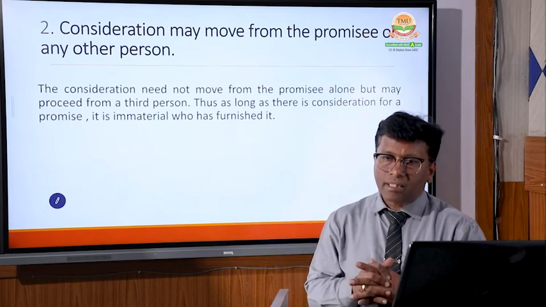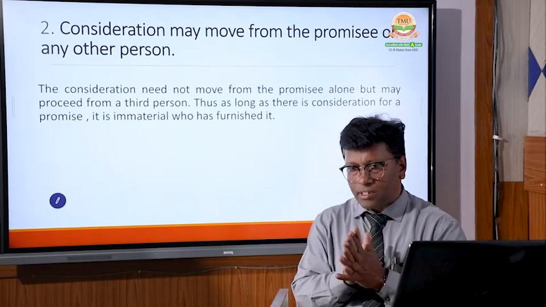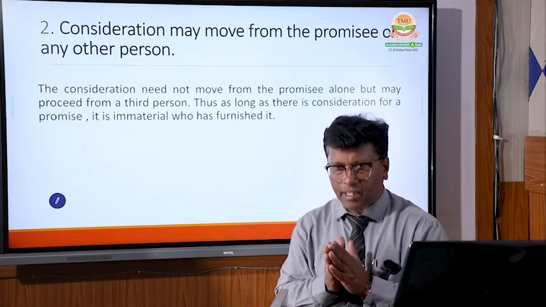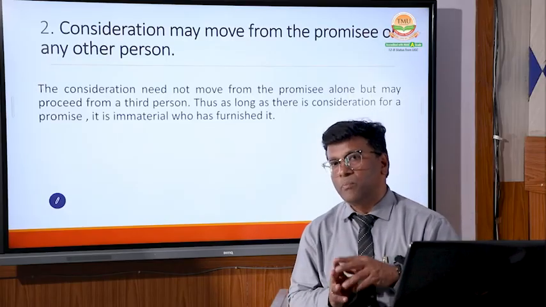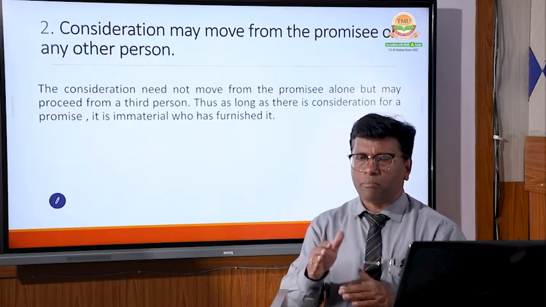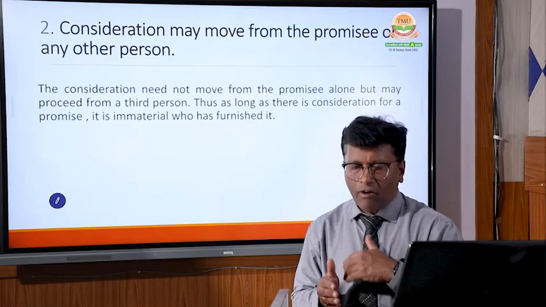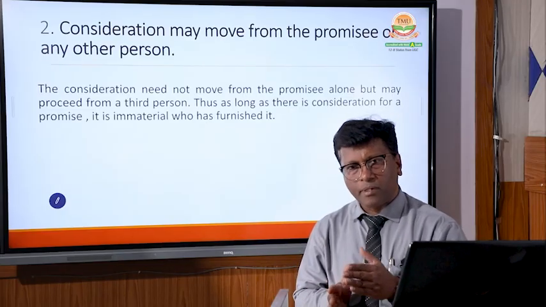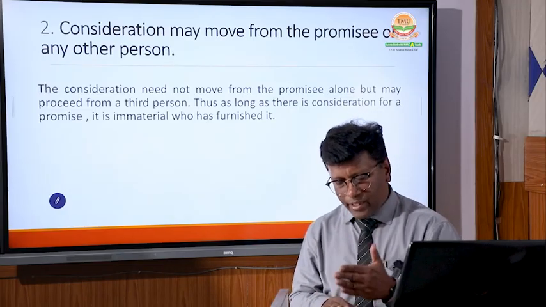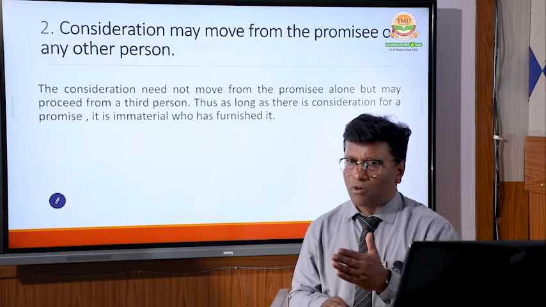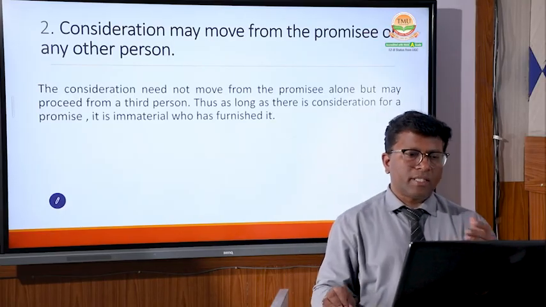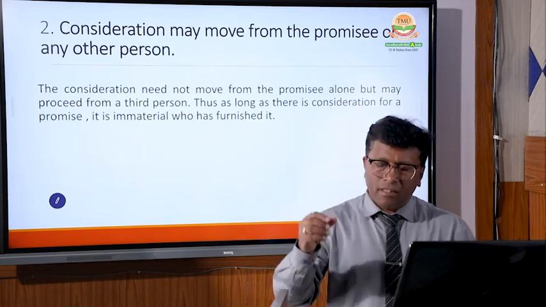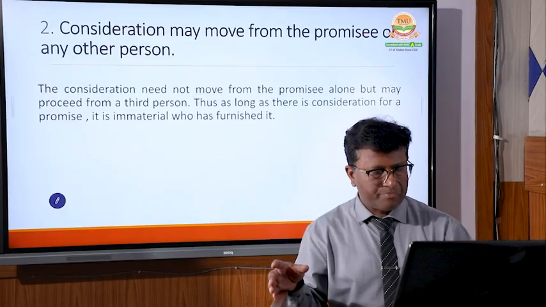So you can say that there is a particular role of the consideration, and without consideration, there is no contract. But in this case study, there is a consideration. Directly the consideration is not made by Mr. B, but on behalf of Mr. B, Mrs. A is paying the consideration. So there is a valid contract, and the annuity would be paid by the daughter of Mrs. A. Okay, so it is immaterial who has furnished it. On behalf of the promisee, the third party can pay the consideration.